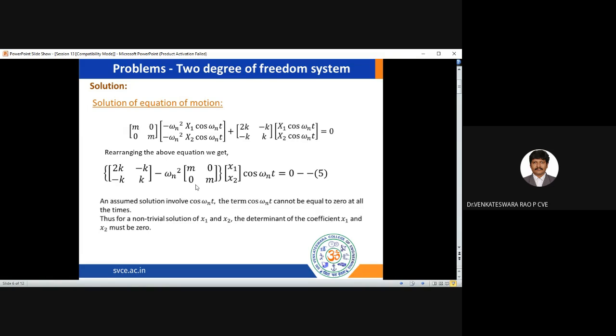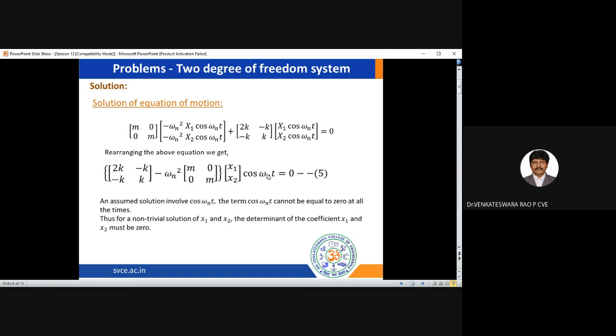So first the stiffness matrix minus omega n square into the mass matrix, of course, times capital X1 and capital X2, cos omega nt equal to 0. So this is what we got at the end.